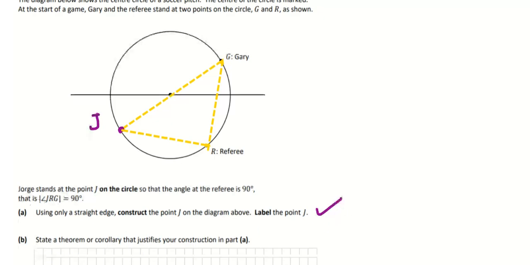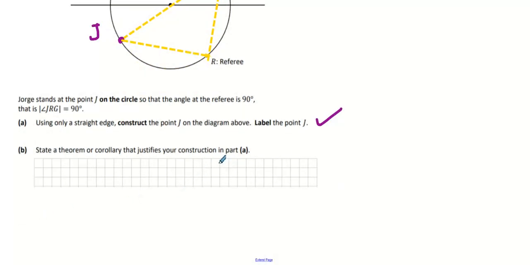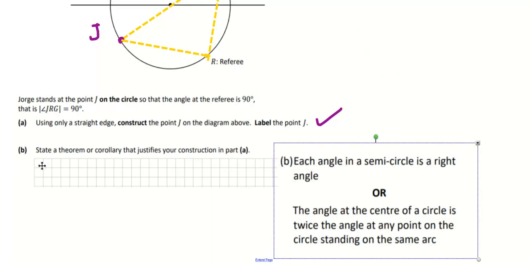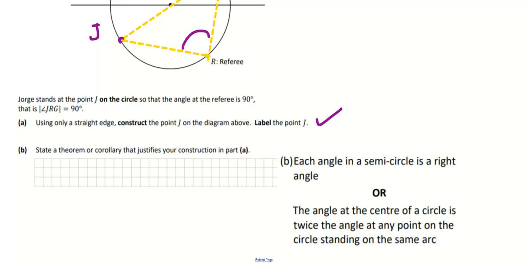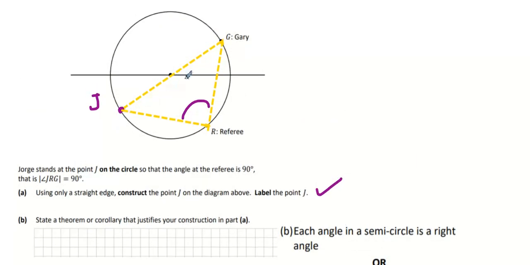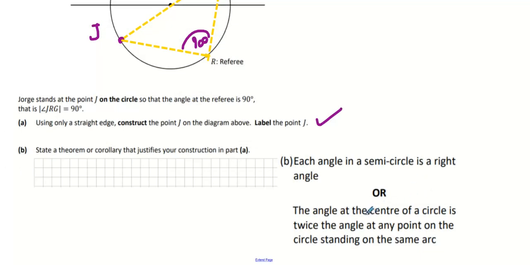State a theorem or corollary that justifies your construction in part A. So the statement is: each angle in a semicircle is a right angle. Your semicircle is half a circle, with this being the diameter, and that's 90 degrees. Or: the angle at the center of the circle is twice the angle at any point on the circle standing on the same arc.